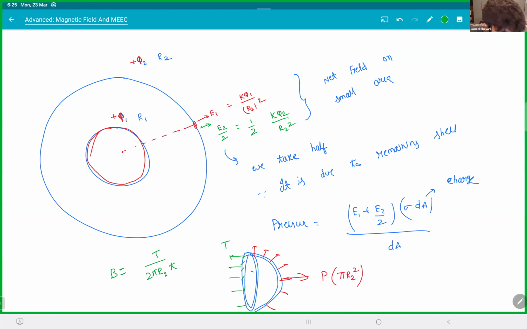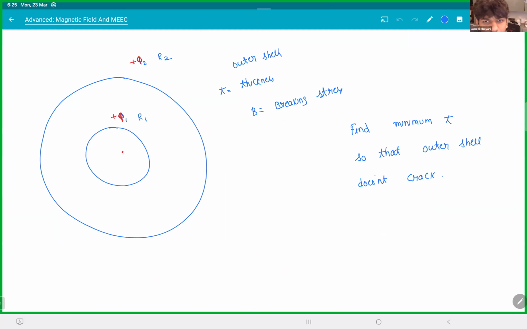Jainil, the sigma is due to the outer shell, right? So it will be Q2 minus Q1. Sigma will be Q2 by 4 pi R2 square. But on the outer surface, charge is Q2 minus Q1, right? Q2 minus Q, why? These are insulators. This is not the Gauss one, that was different. No, these are insulators.